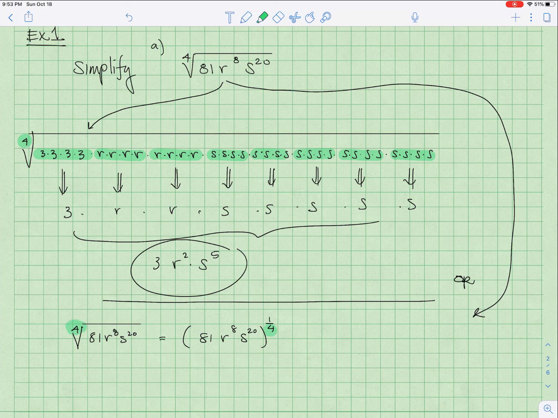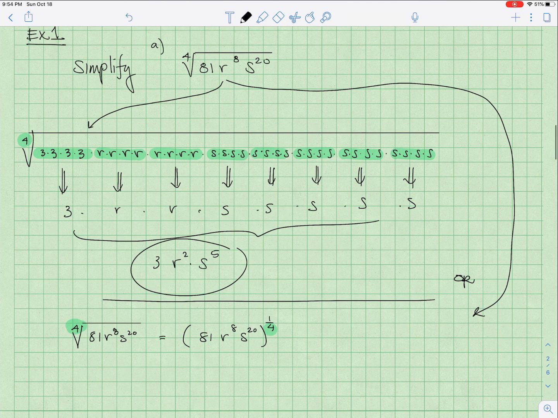That is to say, that exponent is the fraction 1/4. And so that's going to allow us to then rewrite this, since this is multiplication, as 81 to the 1/4, r to the 8th to the 1/4, and s to the 20th to the 1/4 using exponential rules.